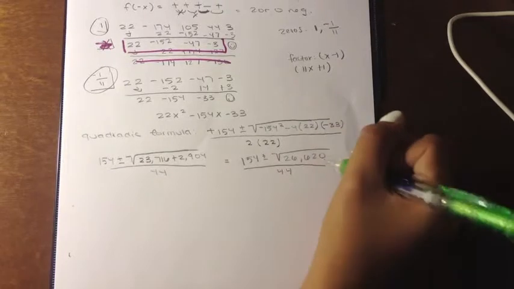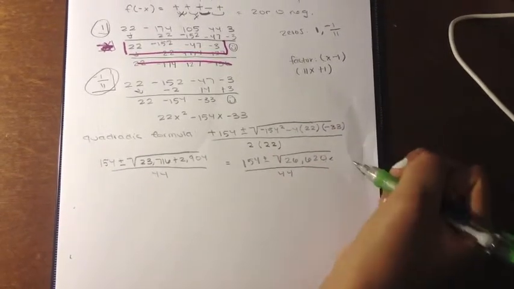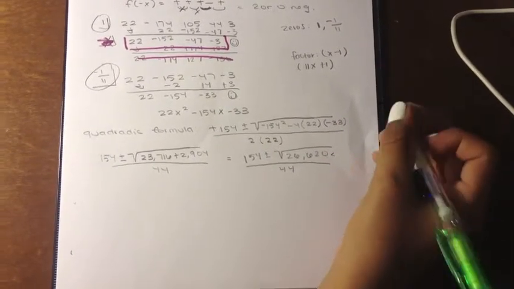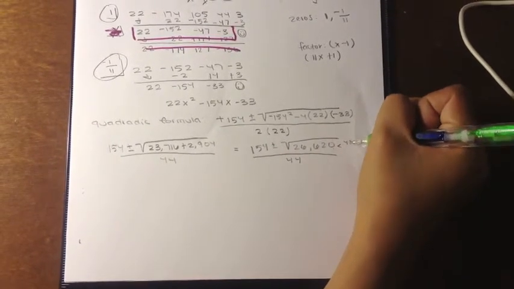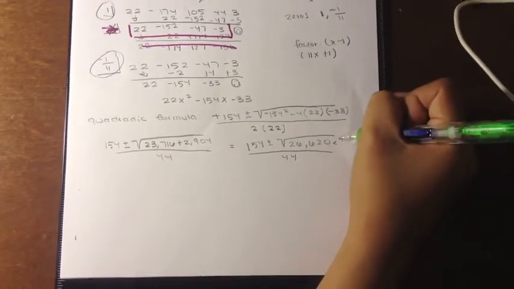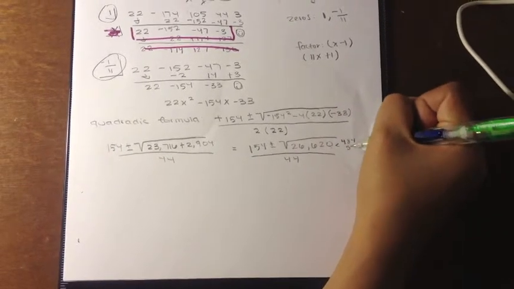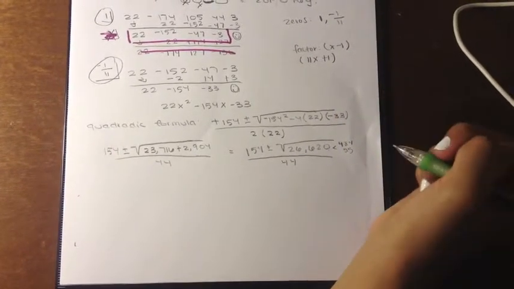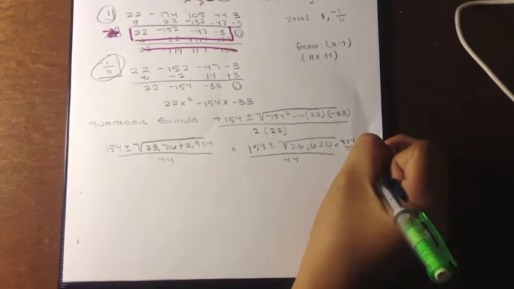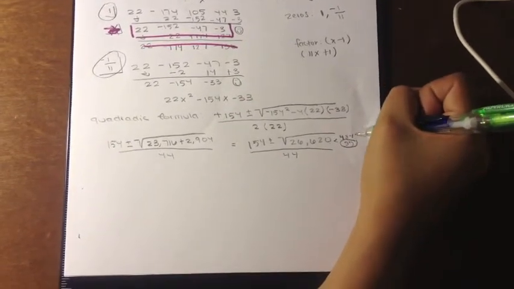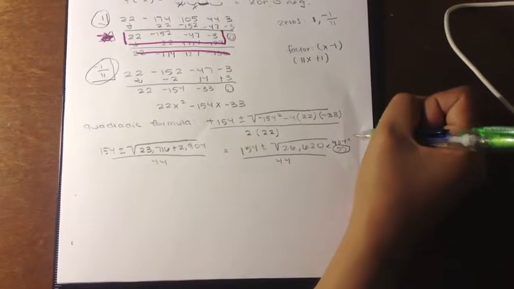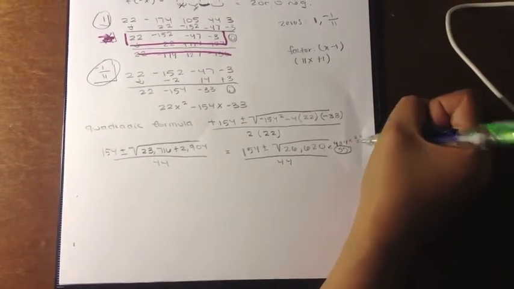484 times 55 equals that big number. And 55 is going to stay the same because it's prime. And 484 can break down to 22 and 22.